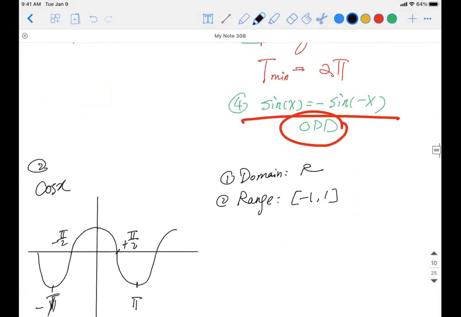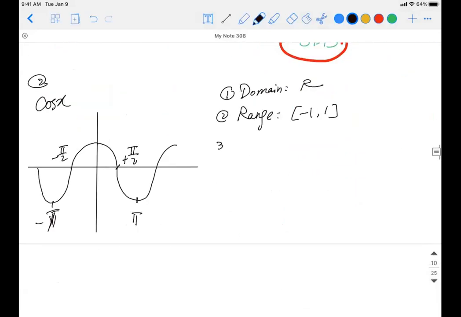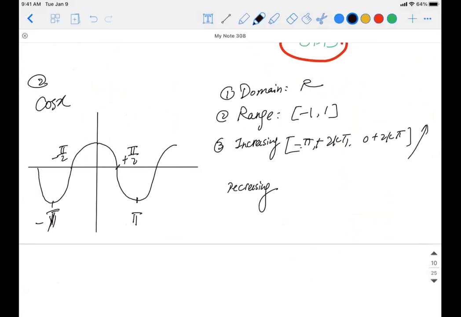The third one is increasing, decreasing. Whenever x is from -pi plus 2k pi to 0 plus 2k pi, cosine x is an increasing function. This is this part.